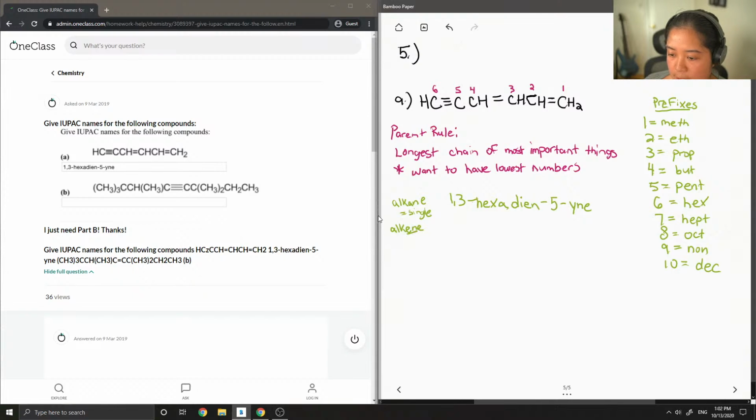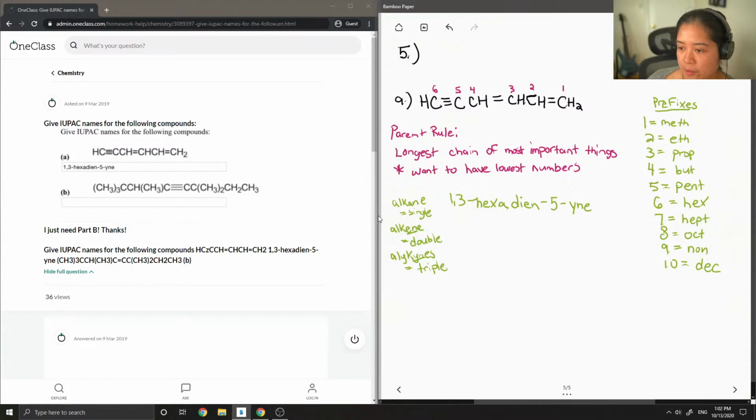Alkenes, ene, are double, and alkynes are triple. And that's how you get the answer 1,3-hexadi-ene-5-yne.